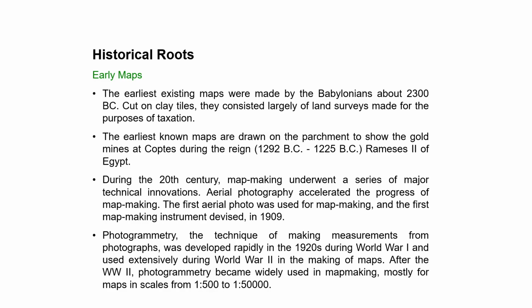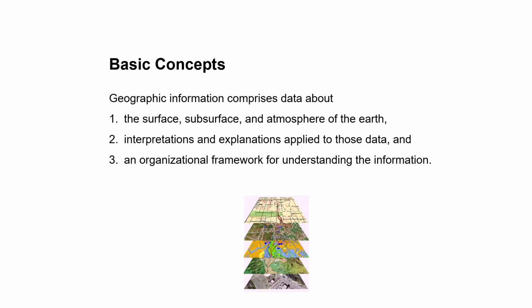Photogrammetry, the technique of making measurements from photographs, was developed rapidly during World War I and used extensively during World War II. After World War II, photogrammetry became widely used in mapmaking, mostly for maps of bigger scales.